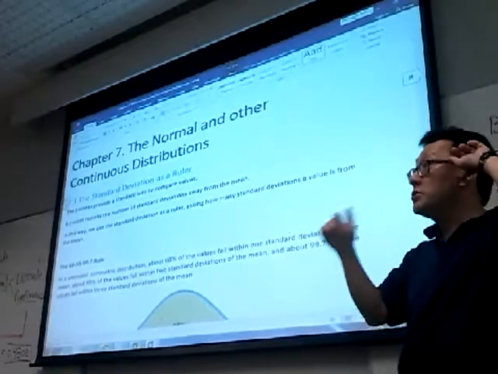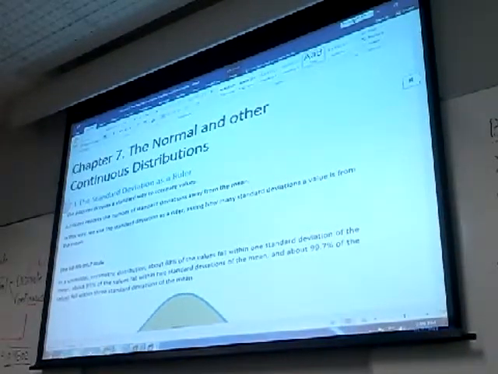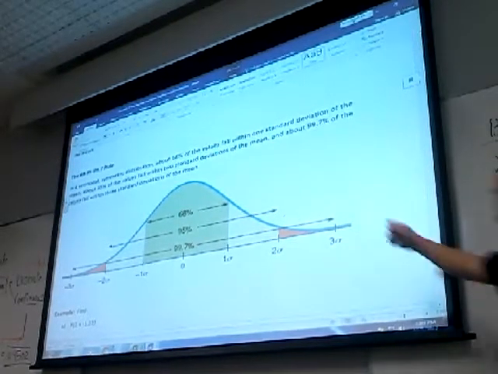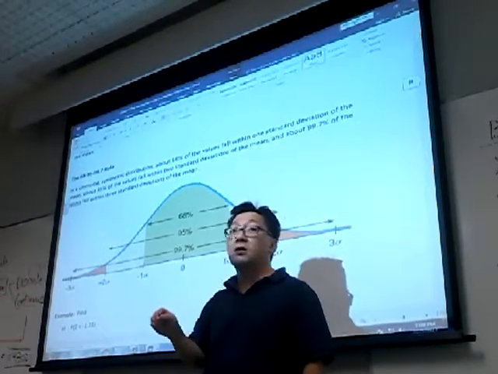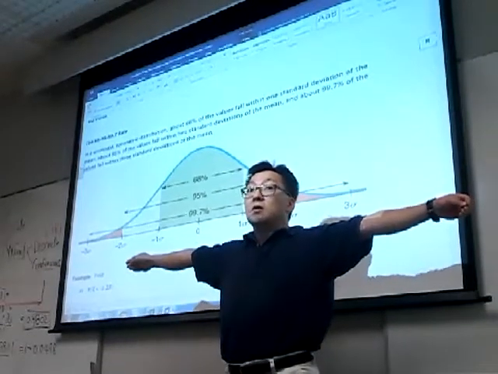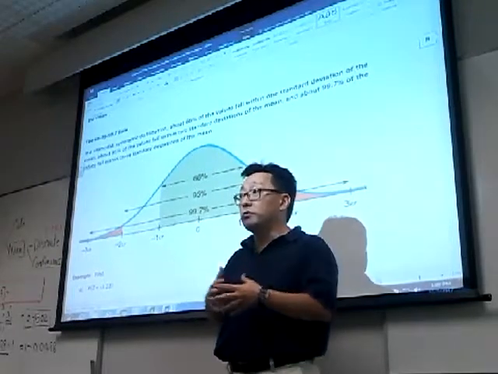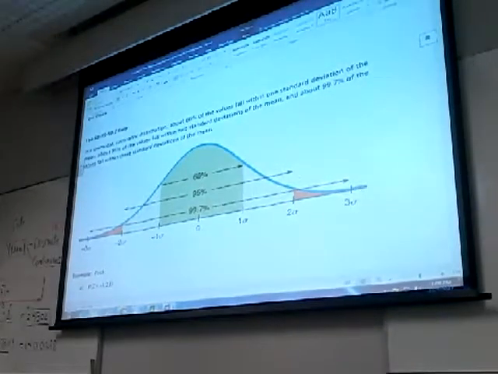Anyway, the normal distribution is a continuous one. Please look at this picture. It is a normal distribution. It can be defined from negative infinity up to positive infinity. Continuous, uncountable values.